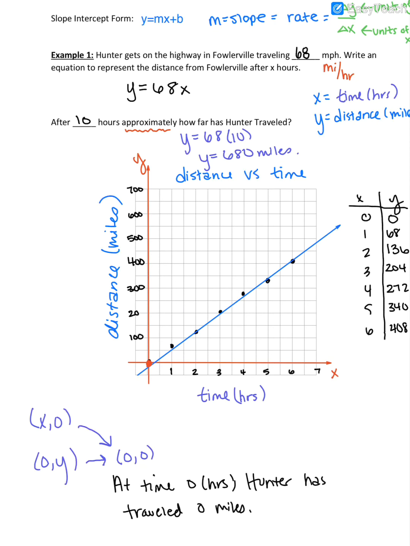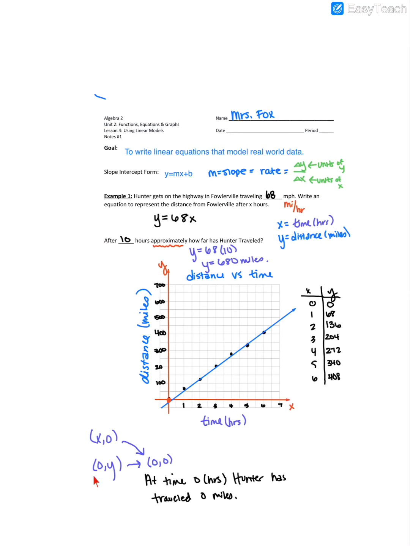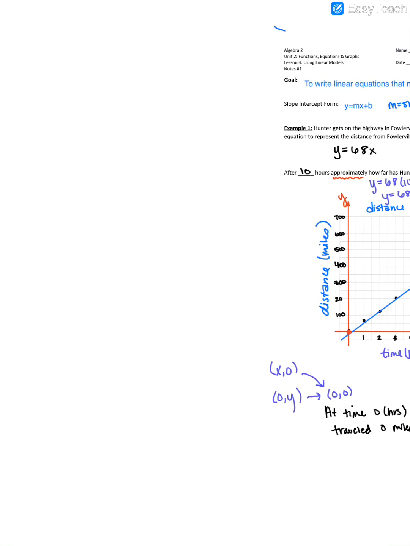Now, in some cases, we'll actually have 2 of these. So, let's say in a completely different situation, let's say we had 2 intercepts: 2, 0, and 0, 10.